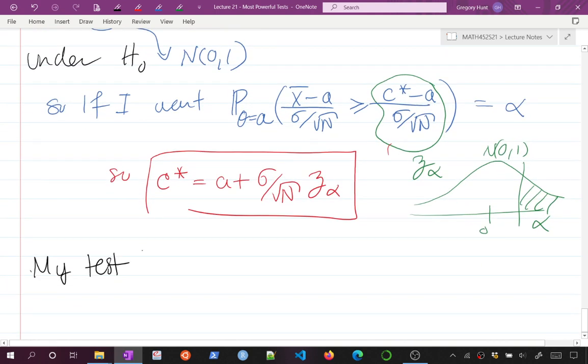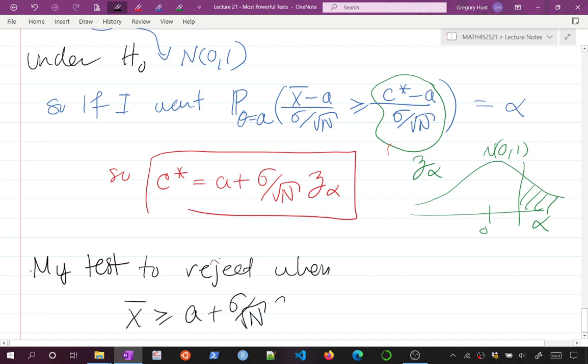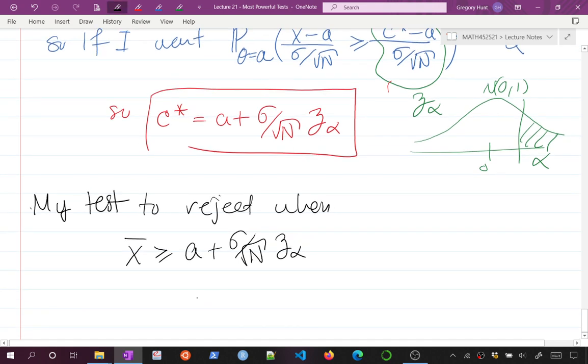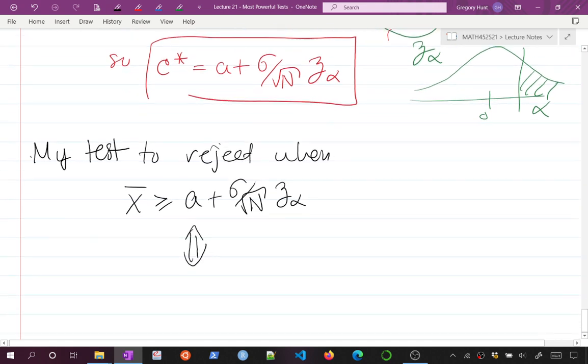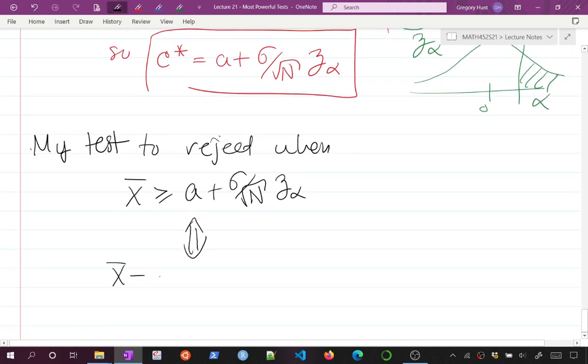What I've written here is that we're going to reject when x bar is bigger than or equal to a plus sigma over root n times z alpha, or equivalently, I could calculate x bar minus a over sigma over root n and reject if it is bigger than z alpha. All right, and z alpha you get from a probability table.